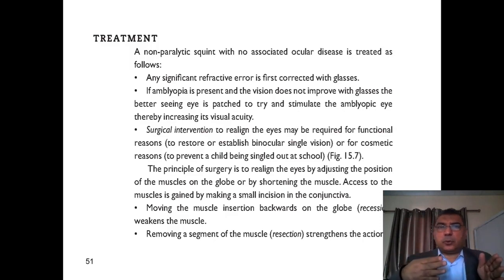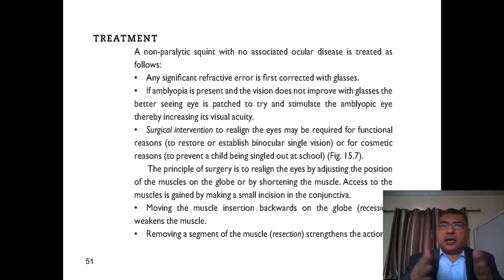If this child with esotropia and hypermetropia is given glasses of +7 as his refraction, the eyes will become straight under the glasses. If the eyes become straight under the glasses, we corrected his strabismus also. We will examine the vision with glasses. If the vision with glasses is okay, 6 in each eye, there is no problem.